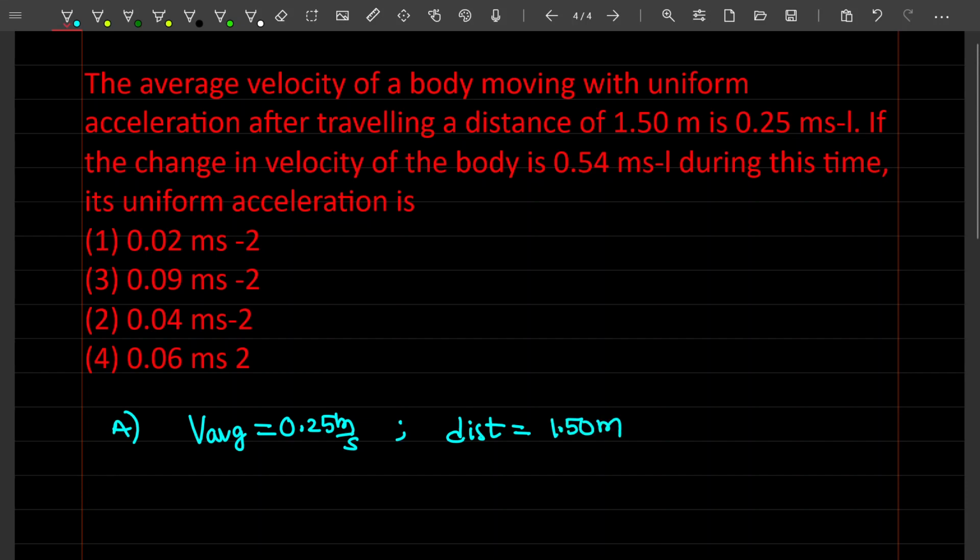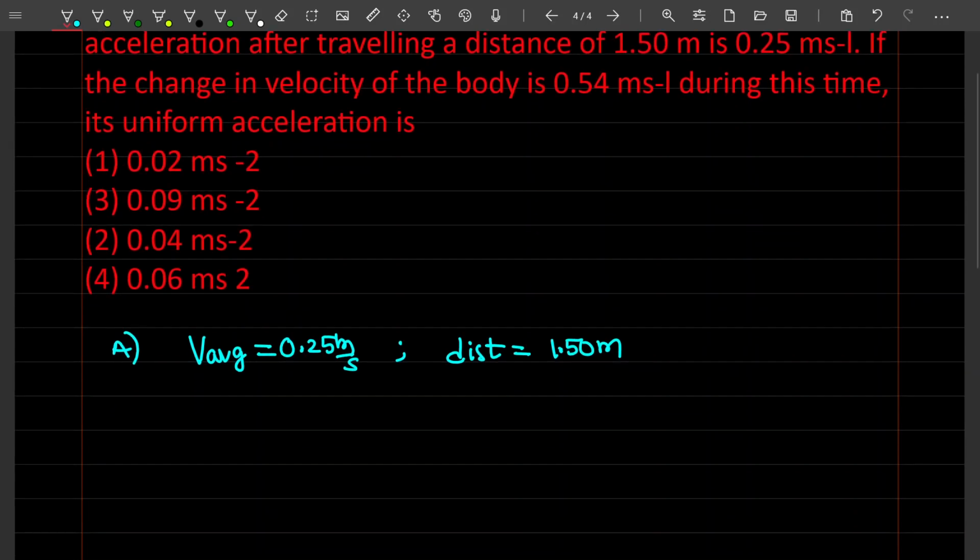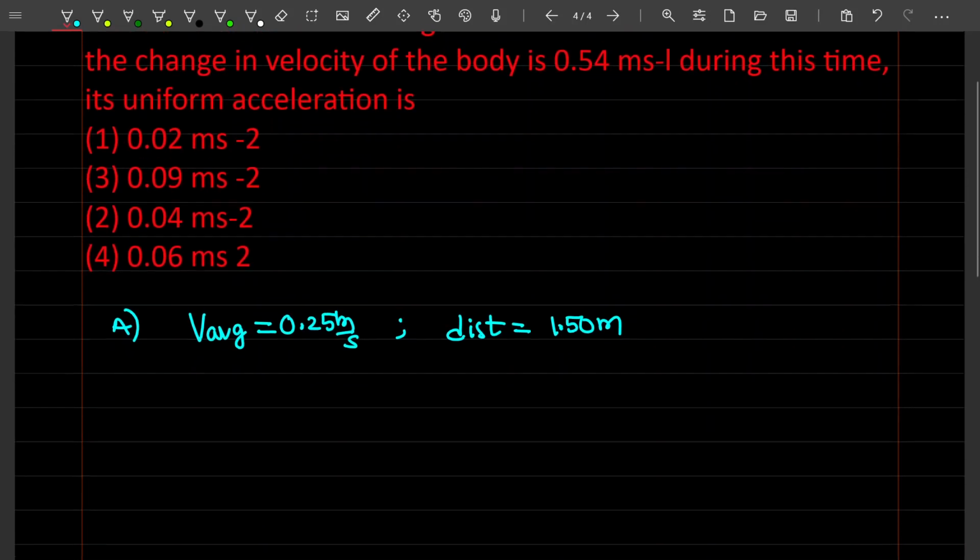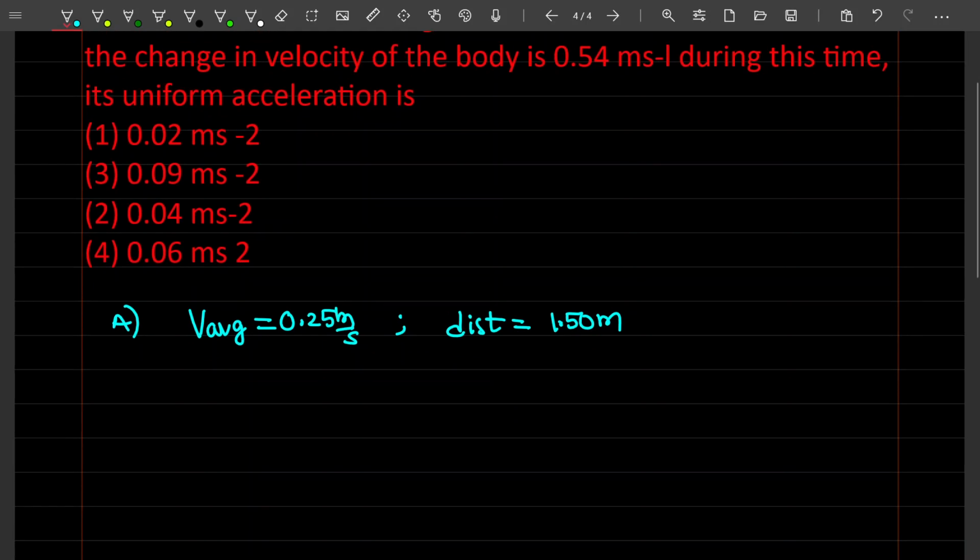So here we have average velocity and total distance, and with the help of these we can calculate the time taken. The average velocity formula: average velocity equal to total displacement divided by total time taken. If you are writing average speed, you can say total distance divided by total time taken.